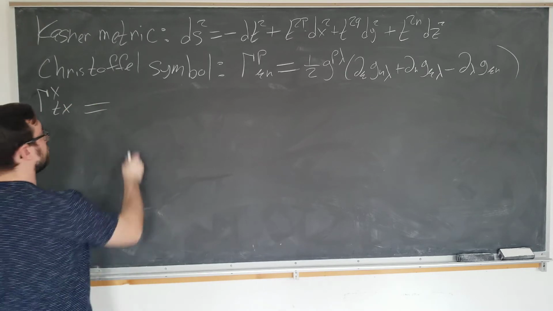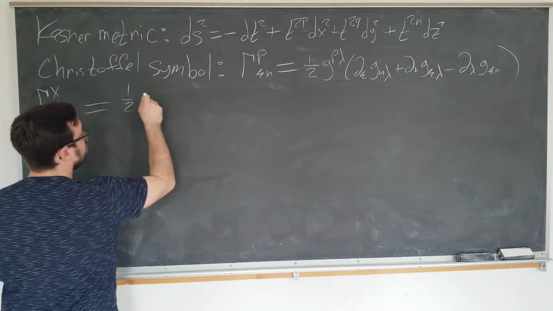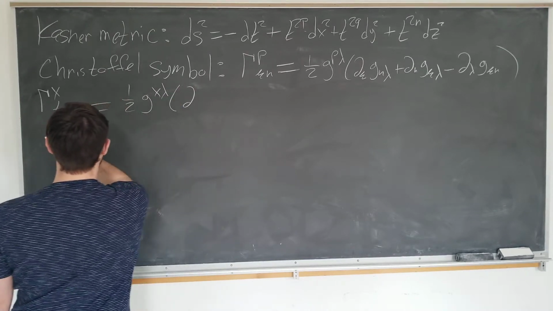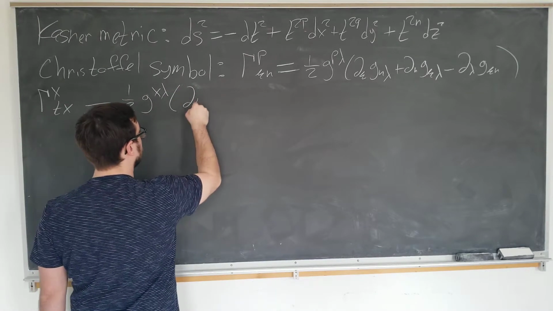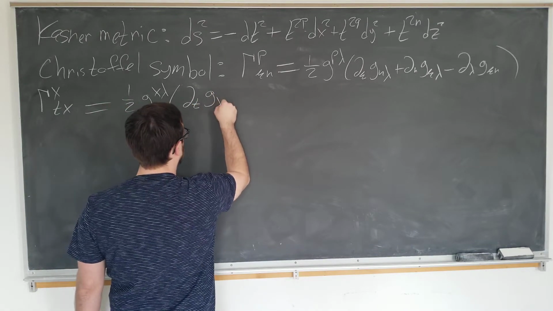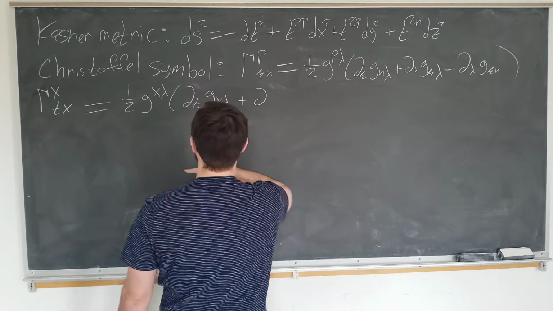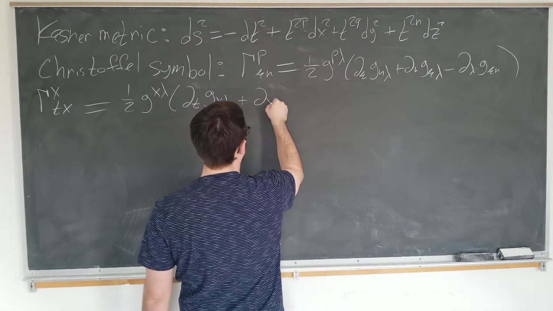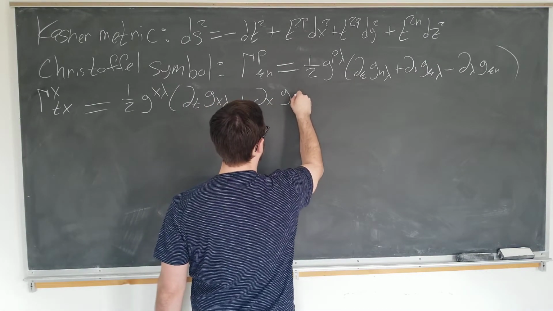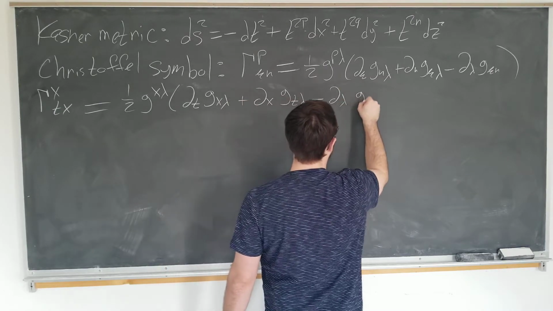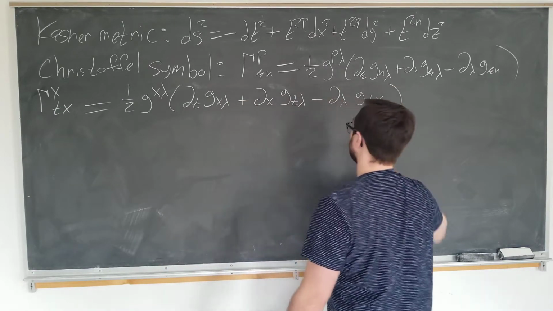Let's start calculating. 1/2 g^{xλ}, with μ equal to t and ν equal to x: ∂_t g_{xλ} plus ∂_x g_{tλ} minus ∂_λ g_{tx}.